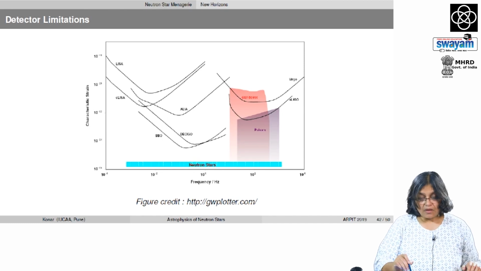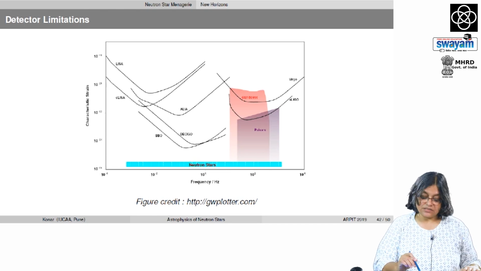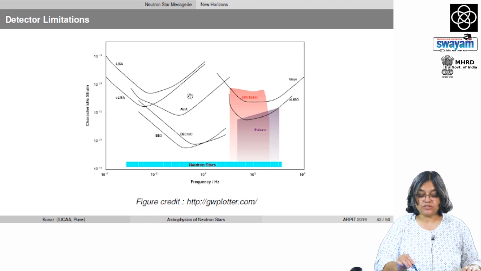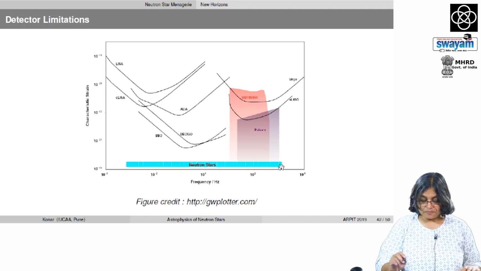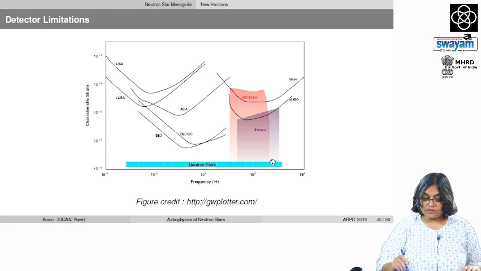Here is a diagram of various detector sensitivities. Look at here, these are the ground based observatories, the Virgo, the LIGO, and here are some of the space based observatories that are being planned today, and this is the entire range through which neutron stars, whether isolated or binary, can act as stable continuous sources of gravitational waves.